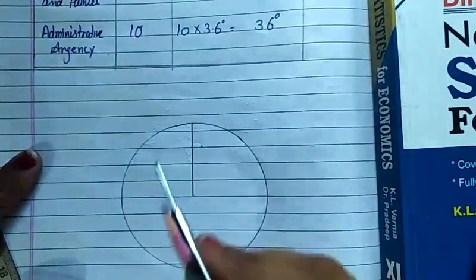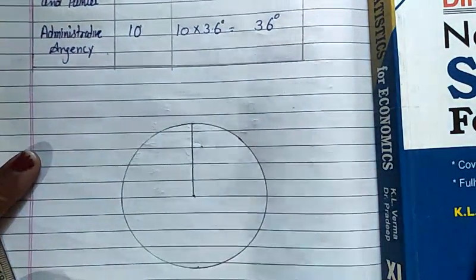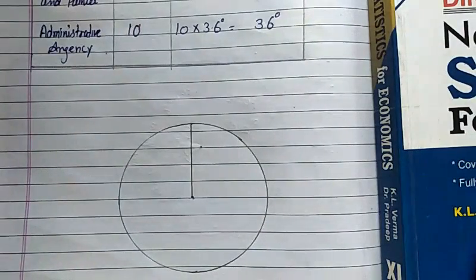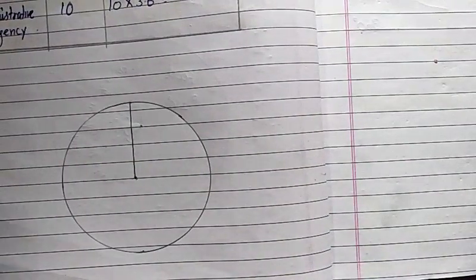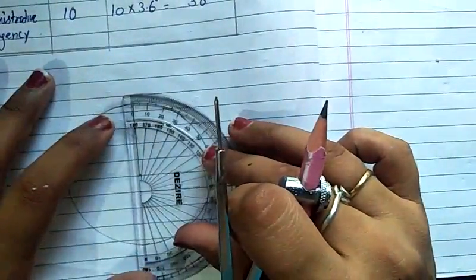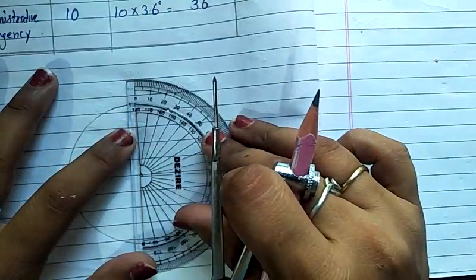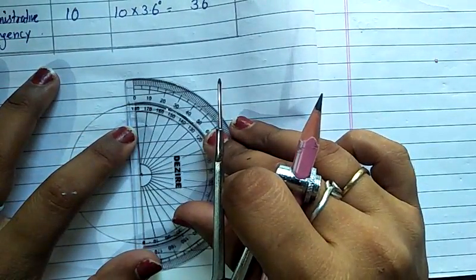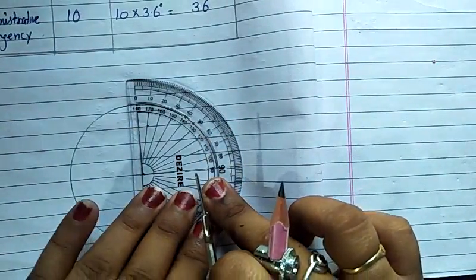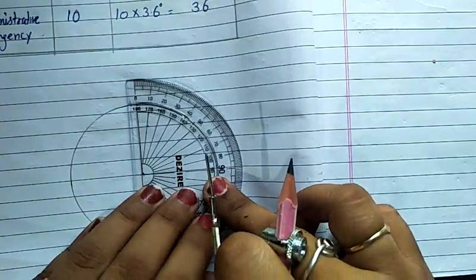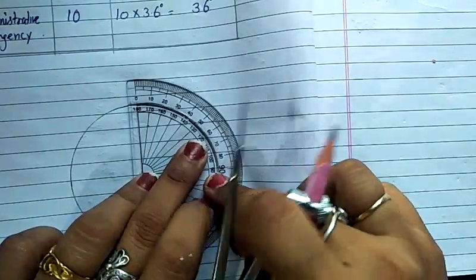After that I will draw the angles. So first angle for farmer is 72 degree. First of all I place this D equal to this 90 degree line like this, and I mark a dot on the angle that is 72 degree.